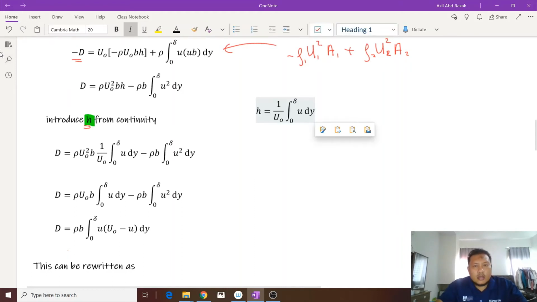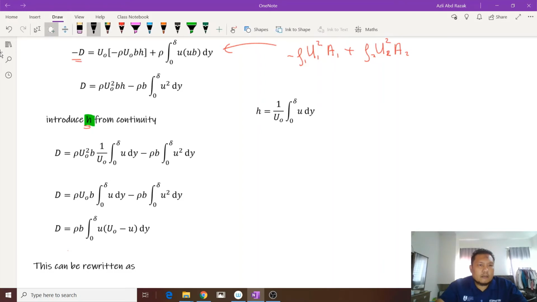Right, so now you substitute these equations to here to replace the value of h. Then what happened? The original equation now changes into this.